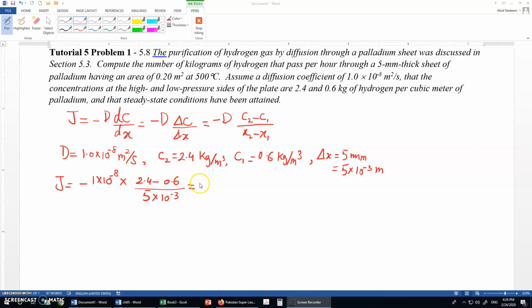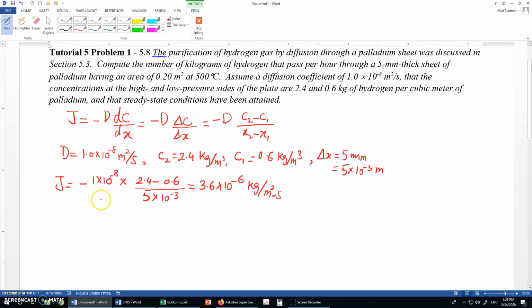This value will be equal to 3.6 × 10^-6 kilogram per square meter second.